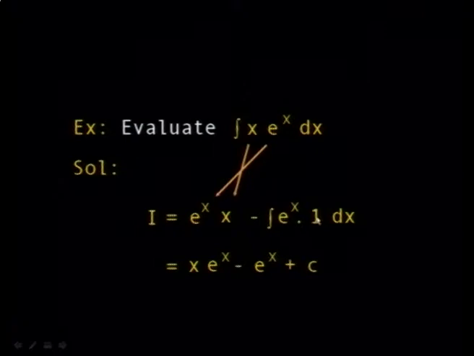So the derivative of x is equal to 1. The one you integrated, and the other one you kept, you differentiate it. So directly you get the integral of e to the x, and that's the result directly.